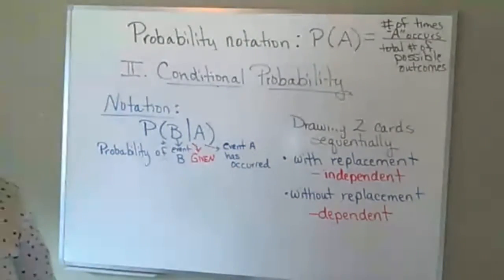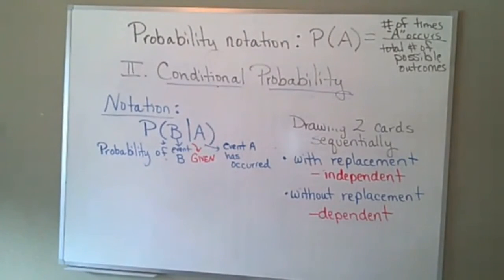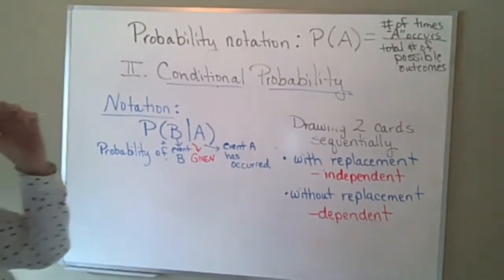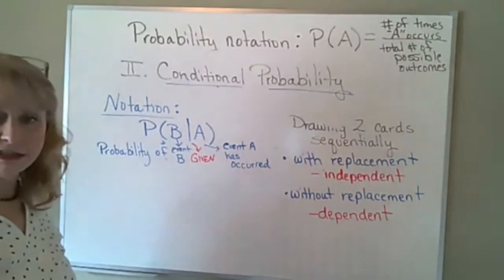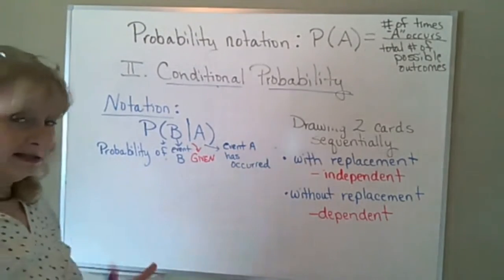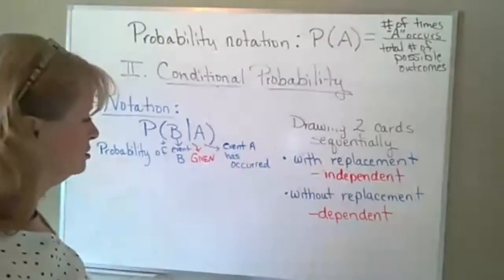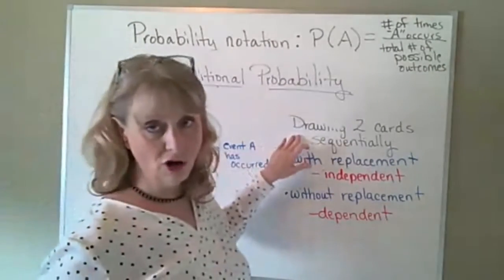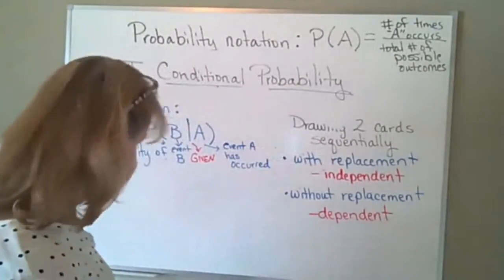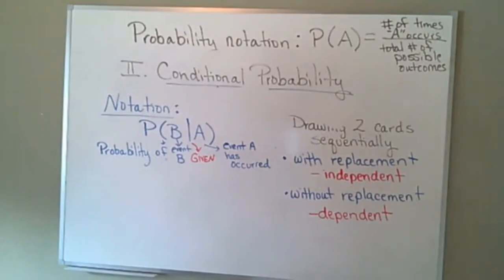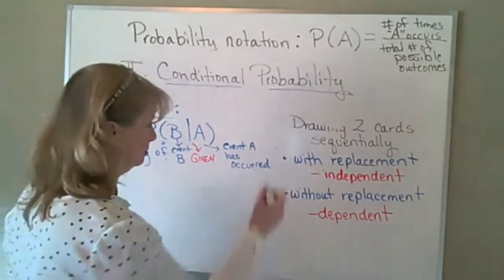Let's look at that again. This is the notation for conditional probability. So conditional probability is a thing that you can consider if you have a sequence of two or more events occurring. So for example, drawing two cards sequentially. That would be a situation where we might have a conditional probability.